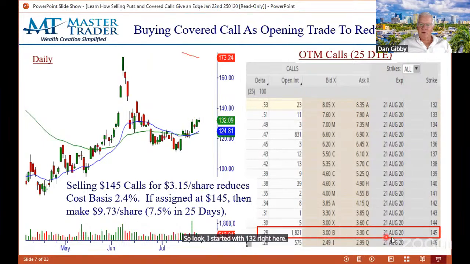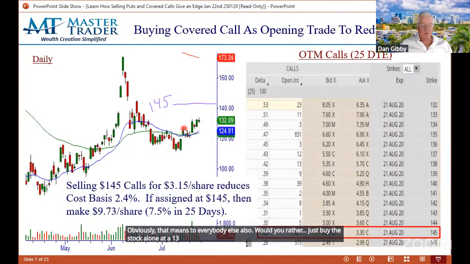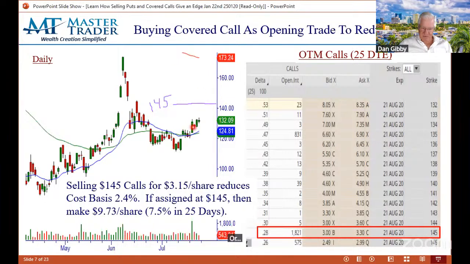So Greg, let me ask you this question, and obviously that means everybody else also. Would you rather just buy the stock alone at 132 and swing trade it, which there's nothing wrong with that, or buy the stock at 132 and give somebody the right to take our merchandise from us at $145?